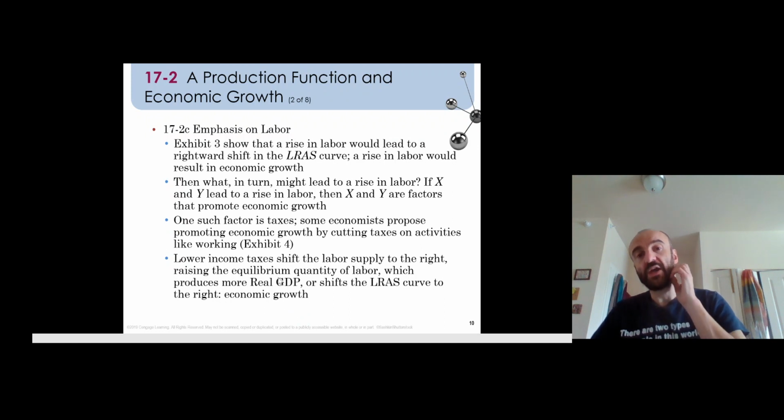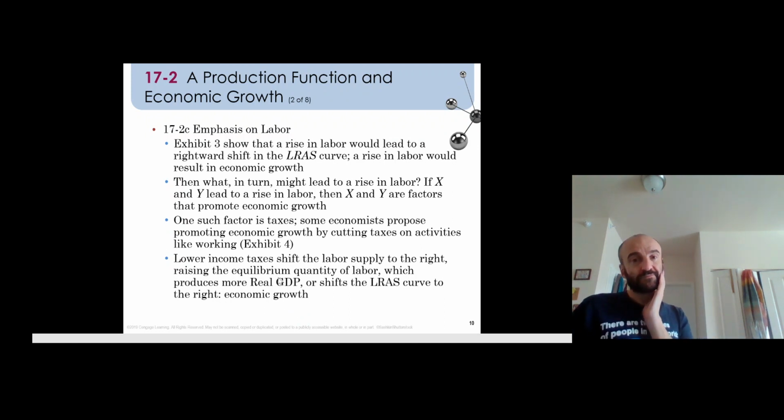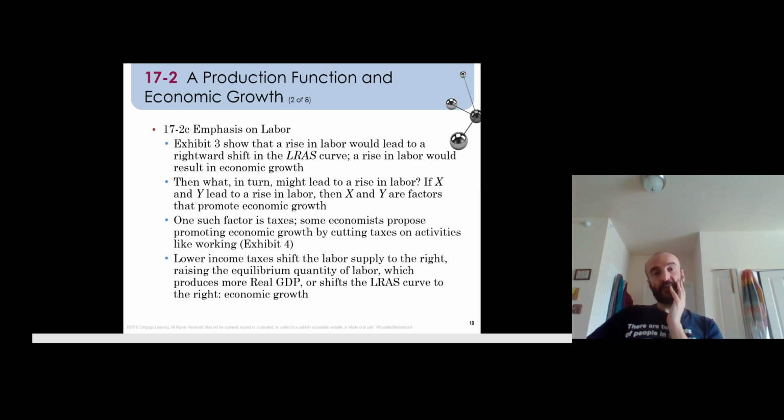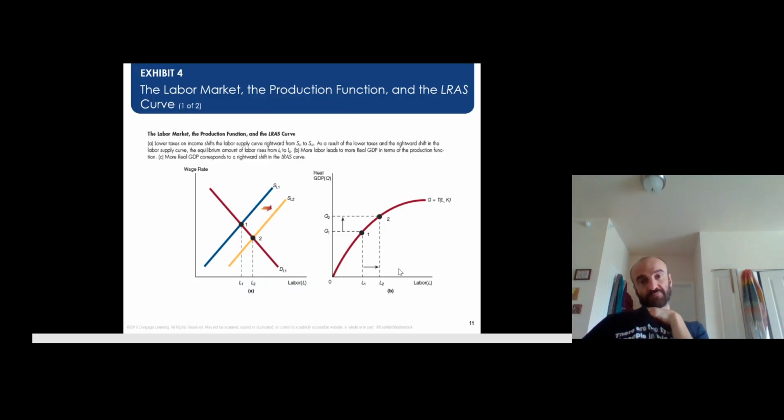So now, if we assume that population hasn't changed, what can influence the quantity of labor that will be available on the market? So let's say this situation, shifting from one position to another, labor one to labor two.